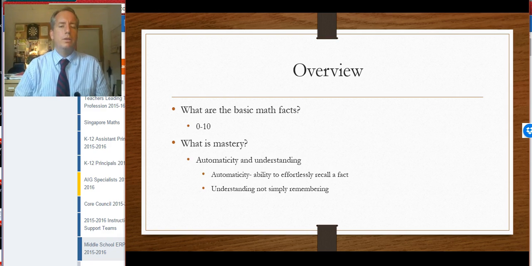It's not simply remembering, but truly understanding: what does that fact look like, what's a physical representation of it, could I manipulate it, how can I use that in other situations.